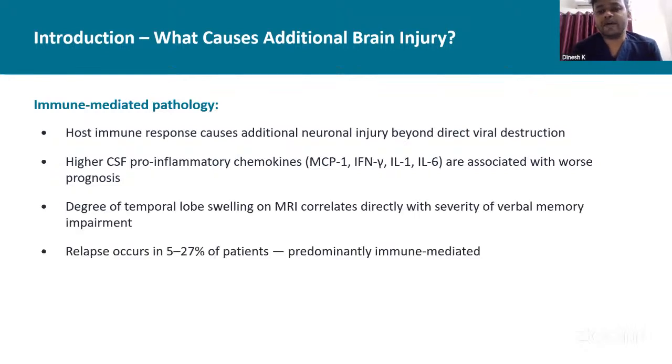And as ma'am was saying, HSV is known to affect the temporal lobe, and the temporal lobe is associated with verbal memory. Studies have shown that the degree of temporal lobe swelling on the MRI correlates directly with the severity of verbal memory impairment. It is not only that, relapse also occurs in almost 5 to 27% of people, predominantly immune mediated.